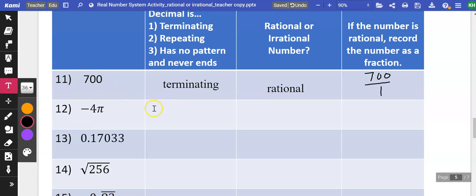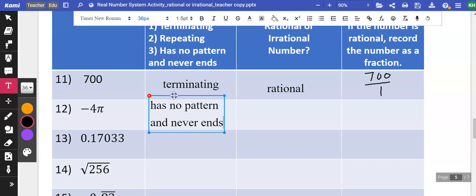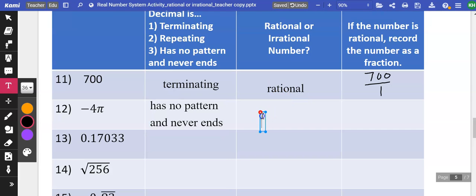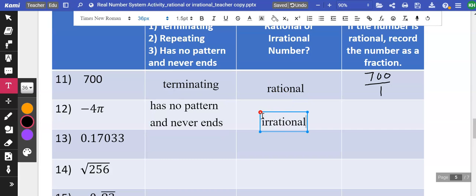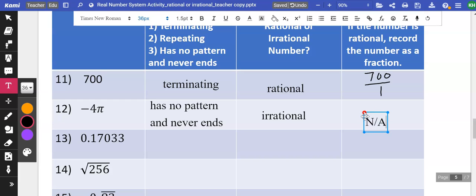So we would say that the decimal has no pattern, so it's not repeating, and it never ends. So that decimal expansion goes on forever. And this is an irrational number. And you can't write this as a fraction since it is irrational. So I'm going to put not applicable.